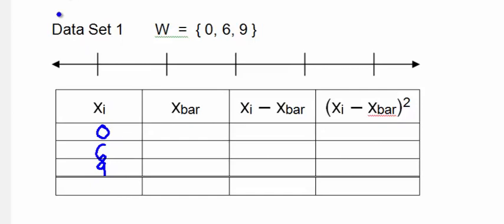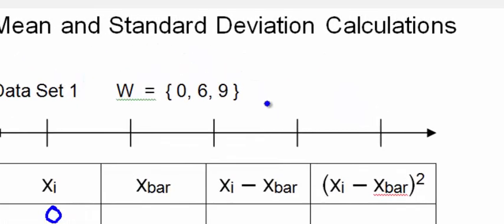So to calculate the mean, which we denote x bar because this is a sample, if you recall, x bar is the sum of the x's divided by how many we have.